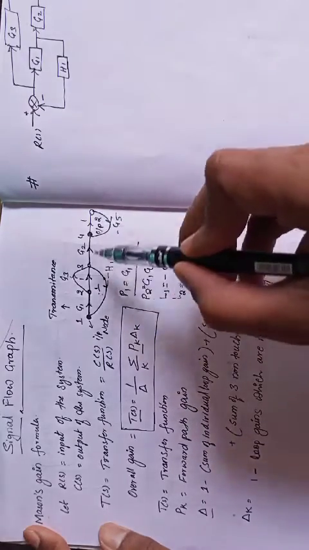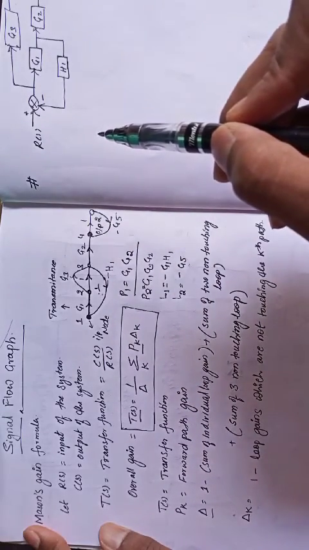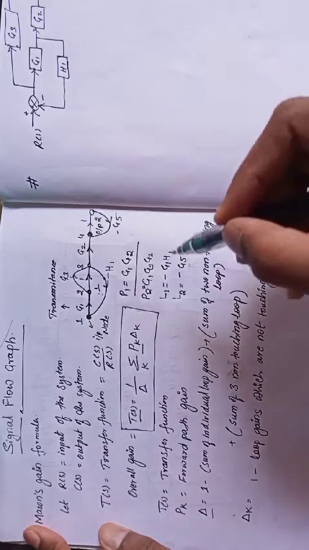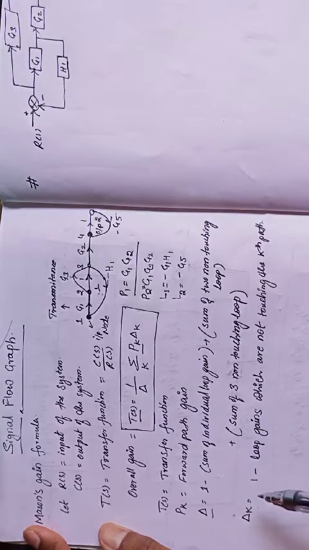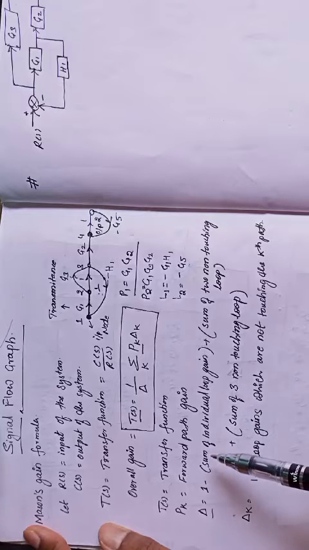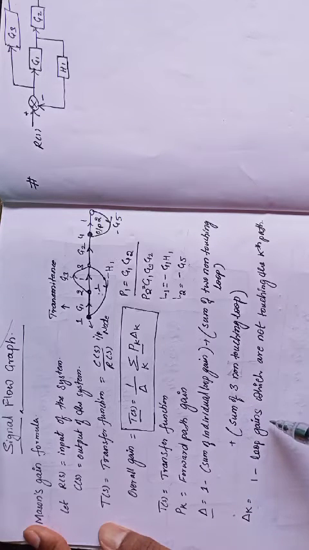This is the explanation of Mason's gain formula. Similarly there are sums of three non-touching loops; we will clarify these while solving problems. And delta k is 1 minus the gains of loops which are non-touching the kth path.